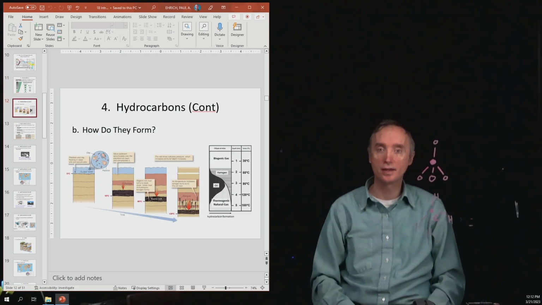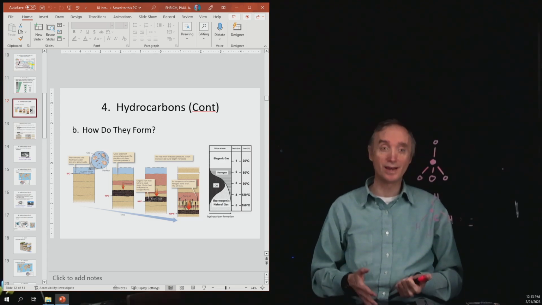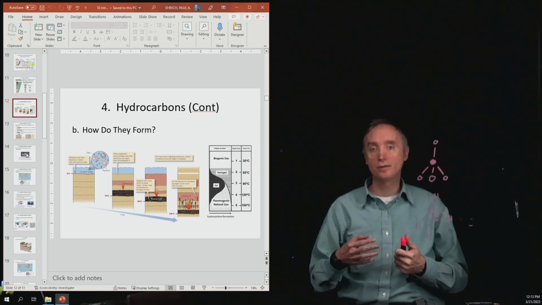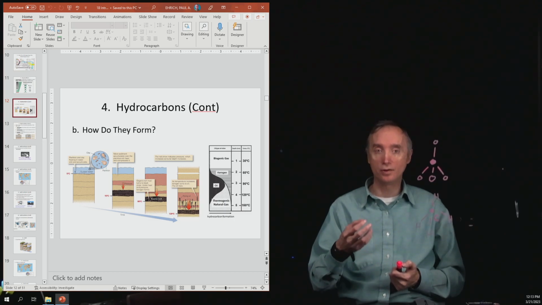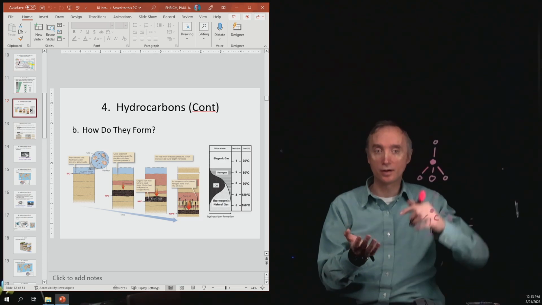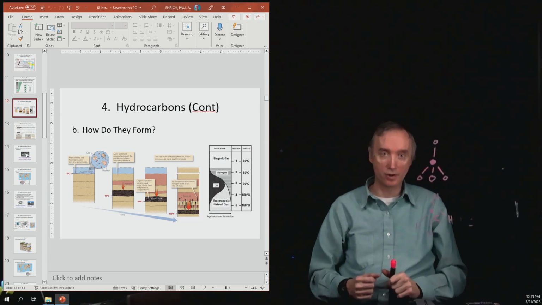Okay, so the next thing is, how do hydrocarbons form? So now this occurred millions of years ago. Well, actually, the same process is occurring today, but it does take millions of years to start with the organic material and then compress it and heat it up enough that it becomes a hydrocarbon.